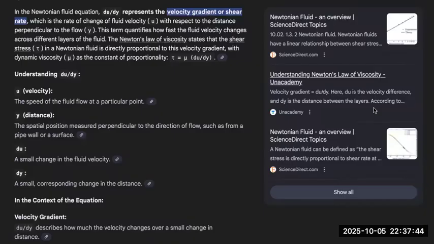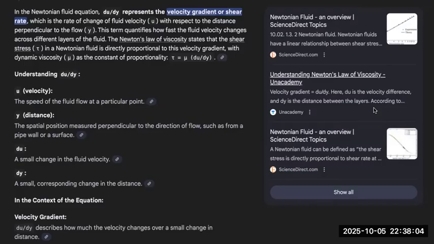So in the Newtonian fluid equation, du over dy represents the velocity gradient or shear rate, which is the rate of change of fluid velocity u with respect to the distance perpendicular to the flow, y. This term quantifies how fast the fluid velocity changes across different layers of the fluid.